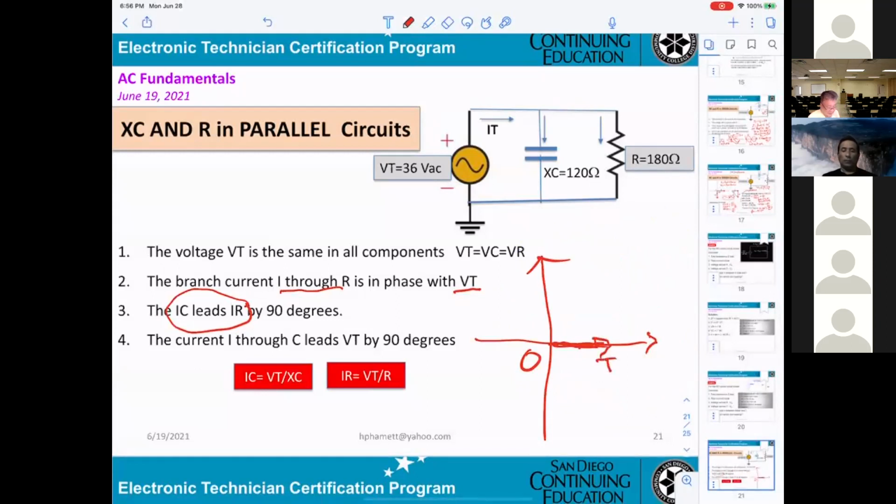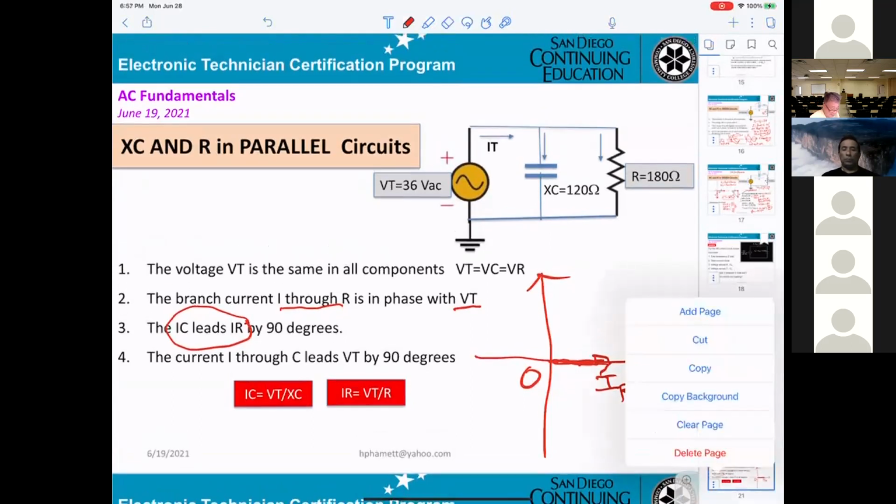So this is the IR. How do you draw IC, up or down? Down. They say IC leads VC by 90.